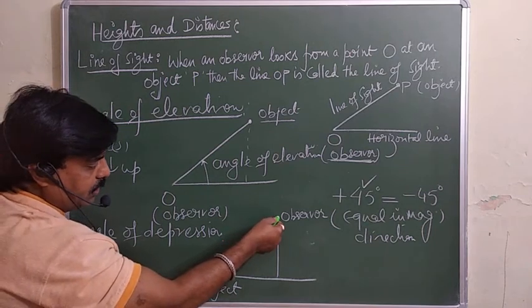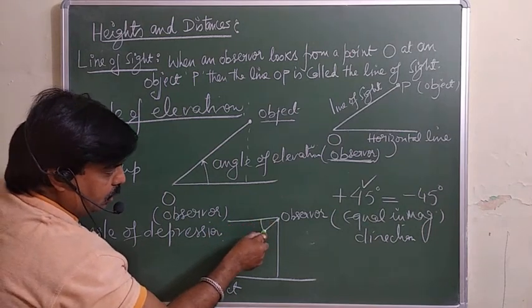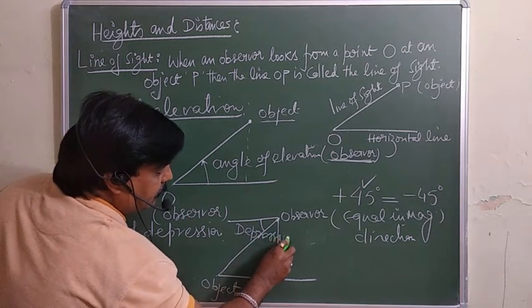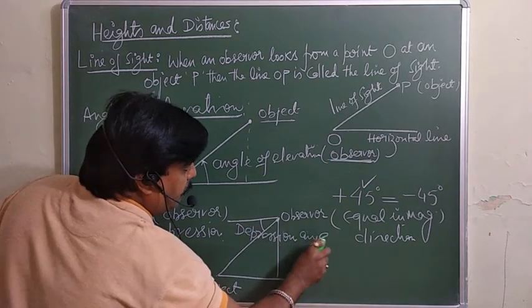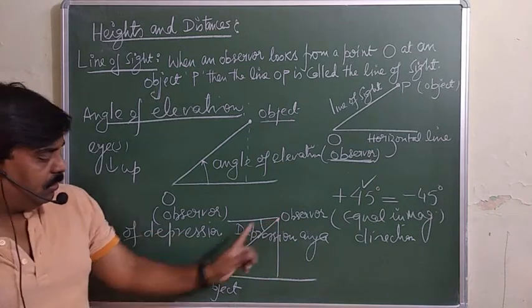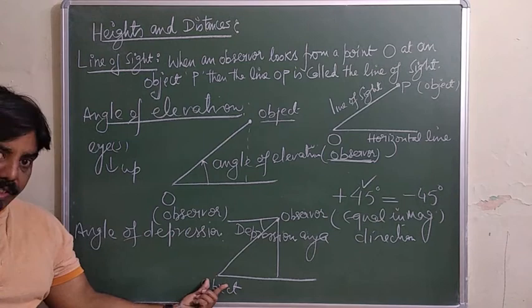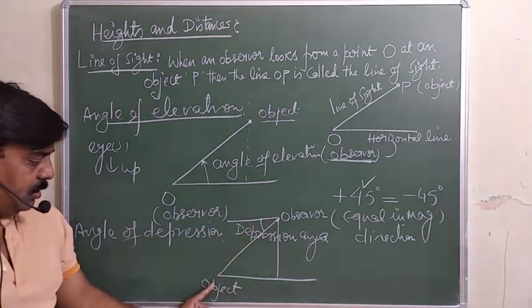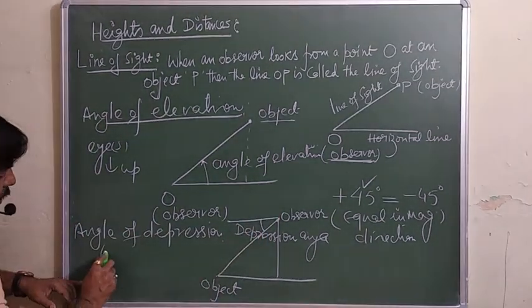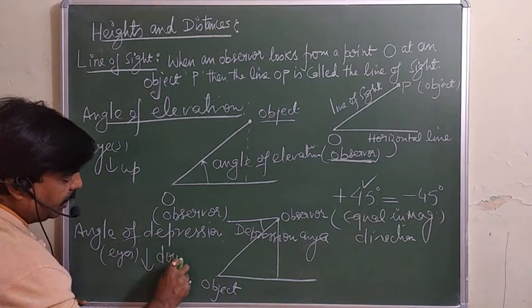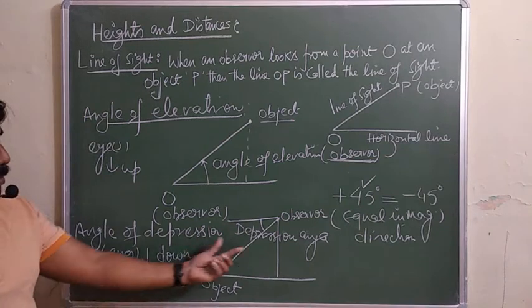So this angle is your depression angle. अगर observer किसी height पर है, object नीचे है, तो during observation of any object आपकी eyes down होती हैं, neck down होती है, then the angle of depression will be formed.